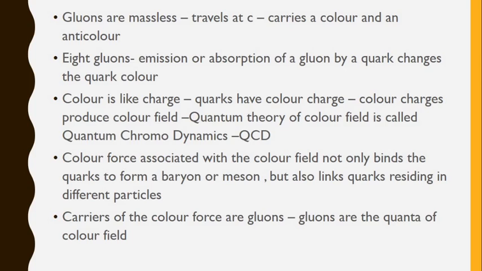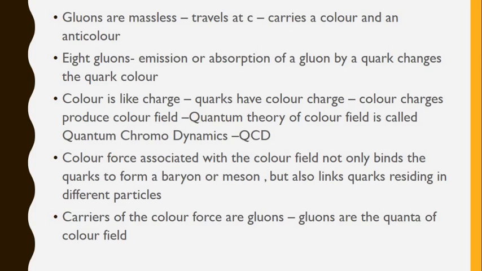And we know that a force exists between any two quarks, and that force is known as color force. Color force associated with the color field not only binds the quarks to form a baryon or meson, but it also links the quarks residing in different particles.